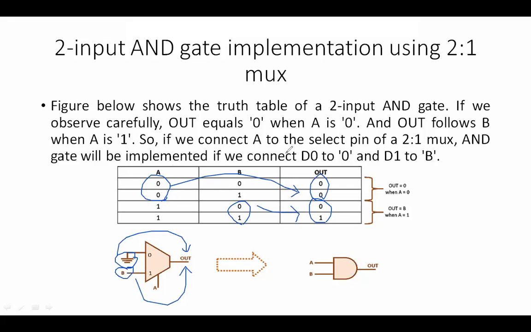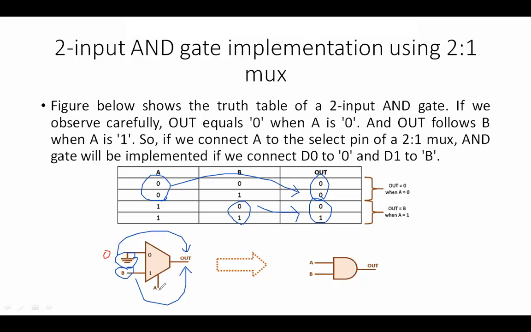If 0 has to come here, then at my input I have to take ground. Or instead of ground, you can even put it as 0. If you connect 0 here, when A is equal to 0, 0 will come and sit.